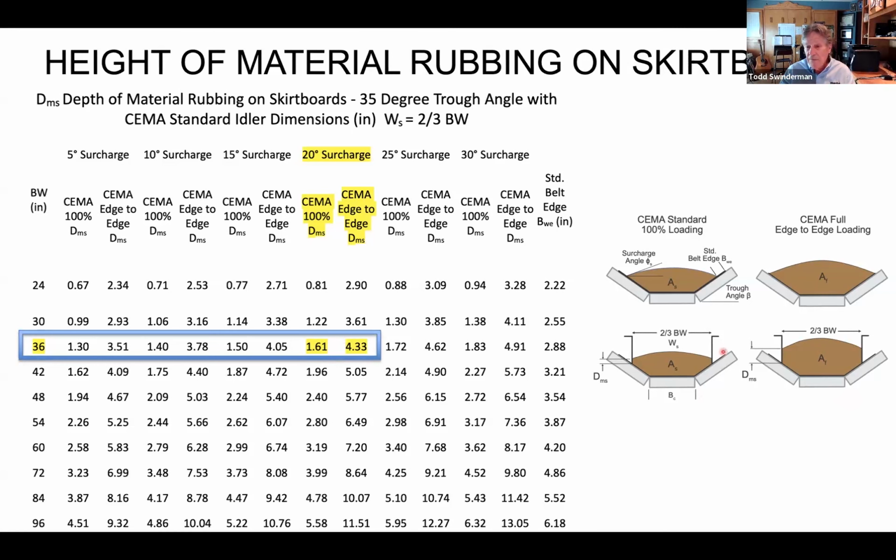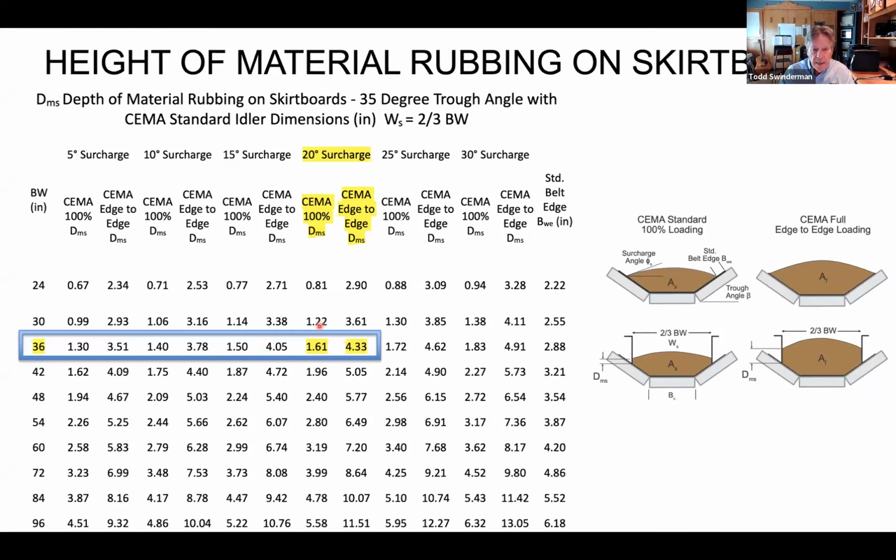You're much better off to run slow and steady at the design. But in this case, CEMA full edge to edge, the Martin Projects people want to keep their skirt board steel, and by the way, the skirt board we're talking about is the steel support on the sides, at least 4 inches above the belt.